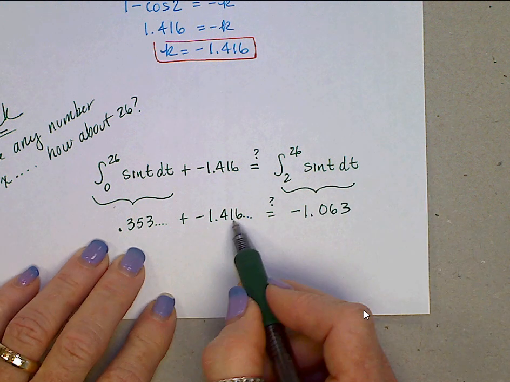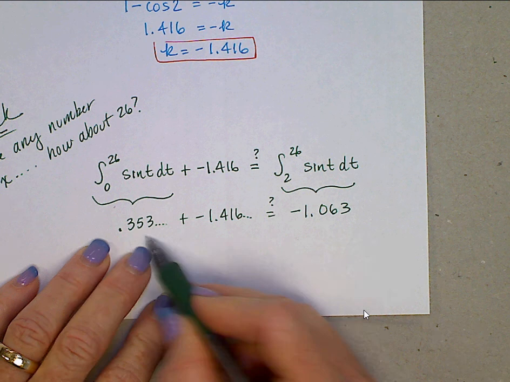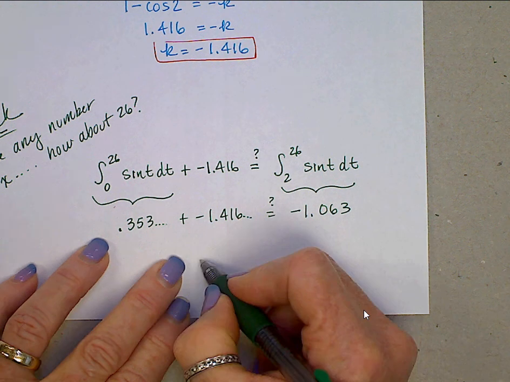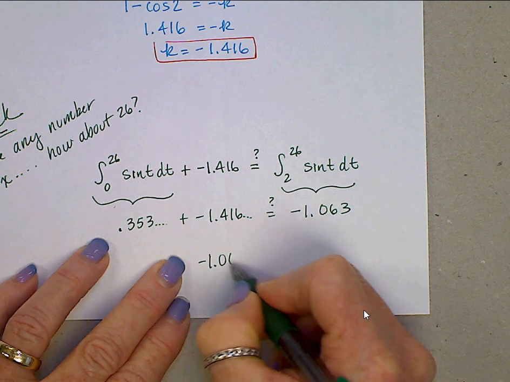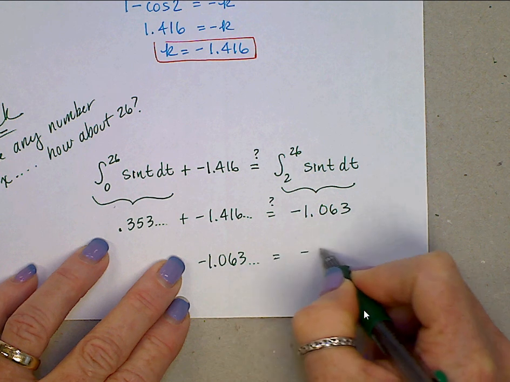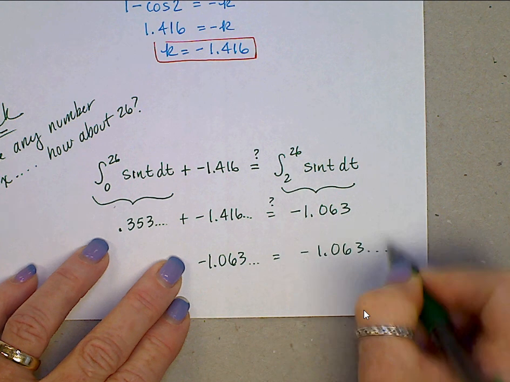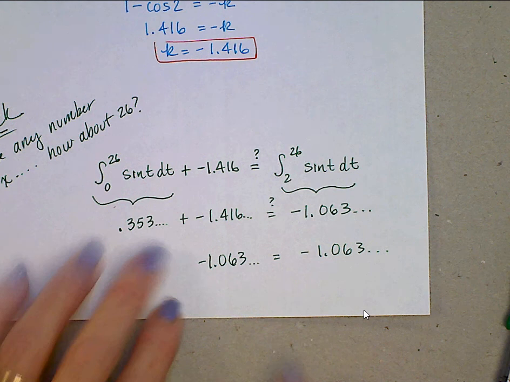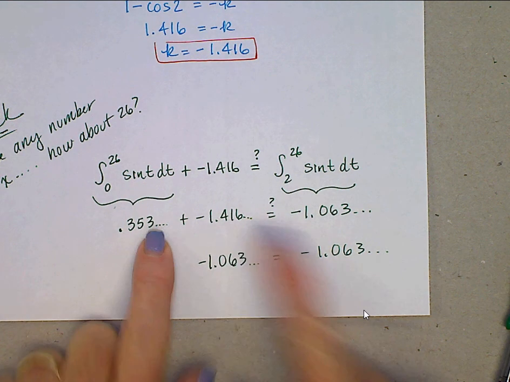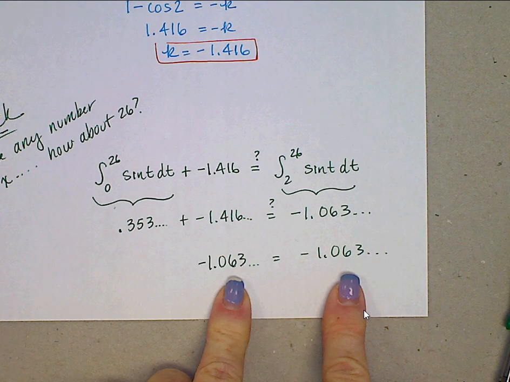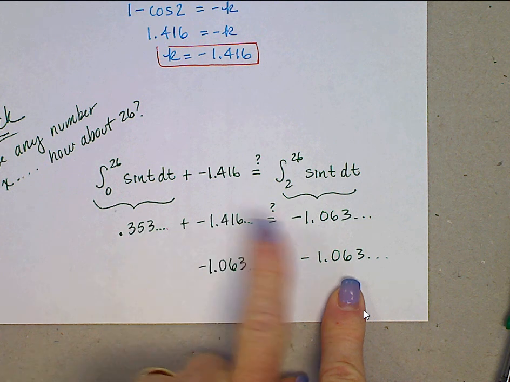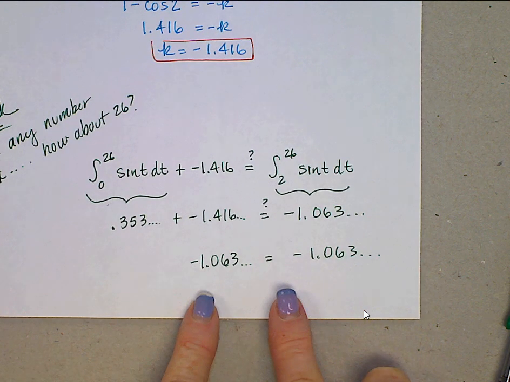And when you combine these guys together in their entire decimals, you will get it matches. As long as you use the whole big long decimal, you will get these to be exactly the same. If you round it off here, here, and here, they're going to be very close.